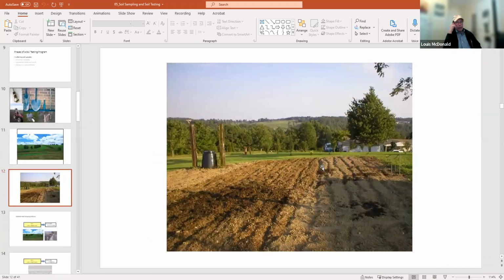It's important to keep really good records, right? I don't know whether you would consider this a small garden or a large garden, but clearly somebody has applied, not uniformly to this entire area, some kind of organic amendment.